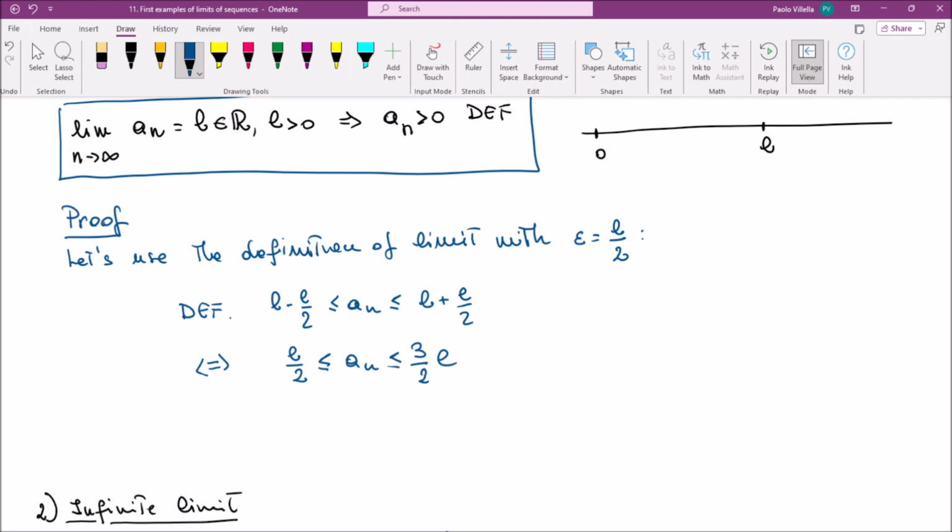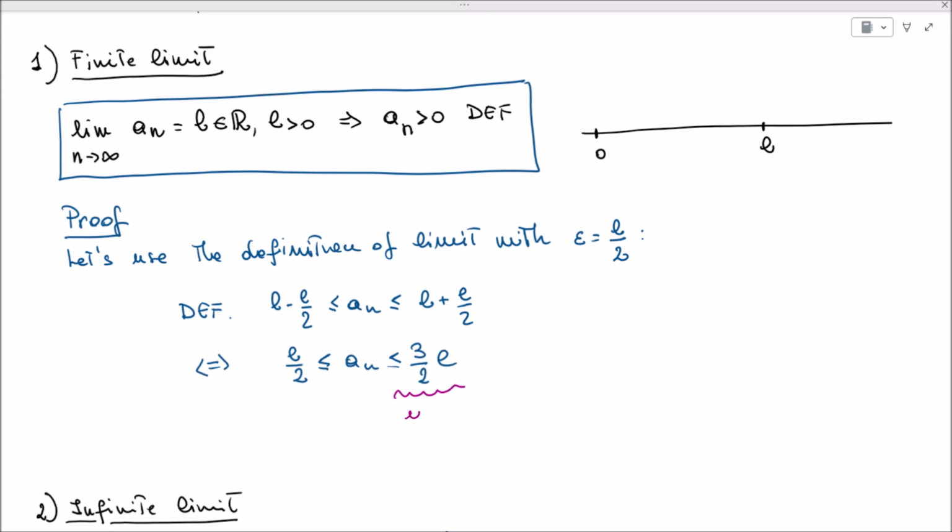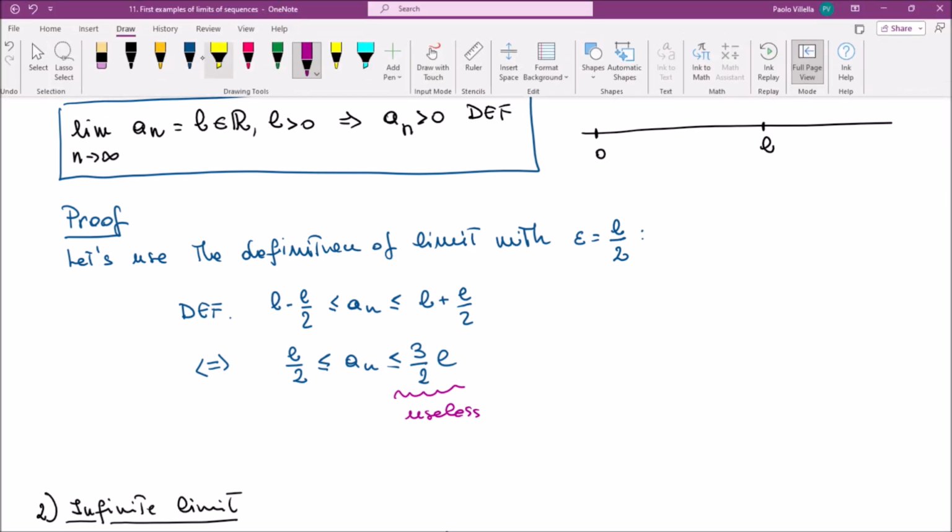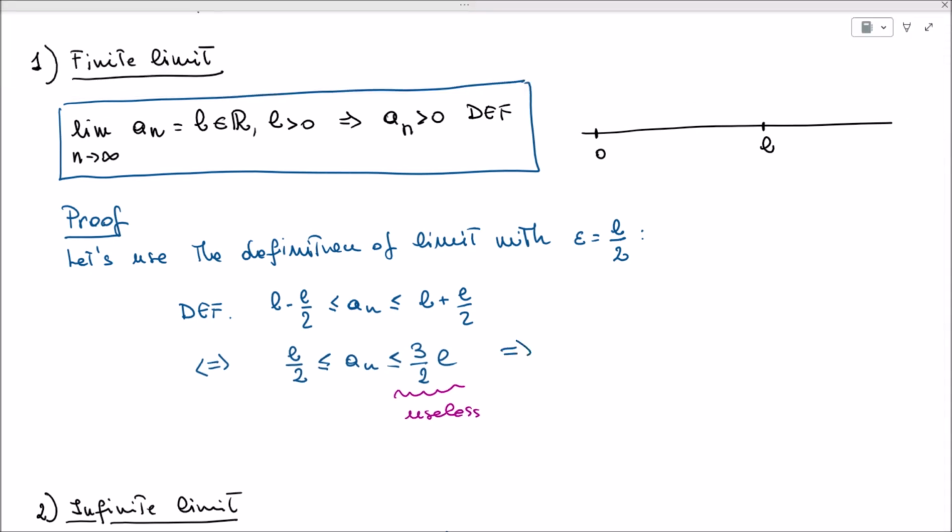We are not actually going to use this part. It is useless. We are just going to use the first inequality, which implies that an will be larger than or equal to L divided by 2, but because L is larger than 0, we know that this is larger than 0, and this concludes the proof.